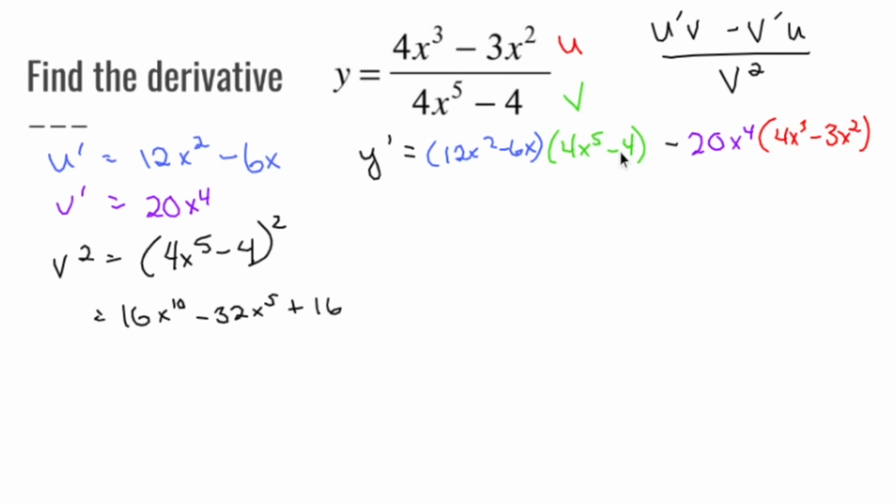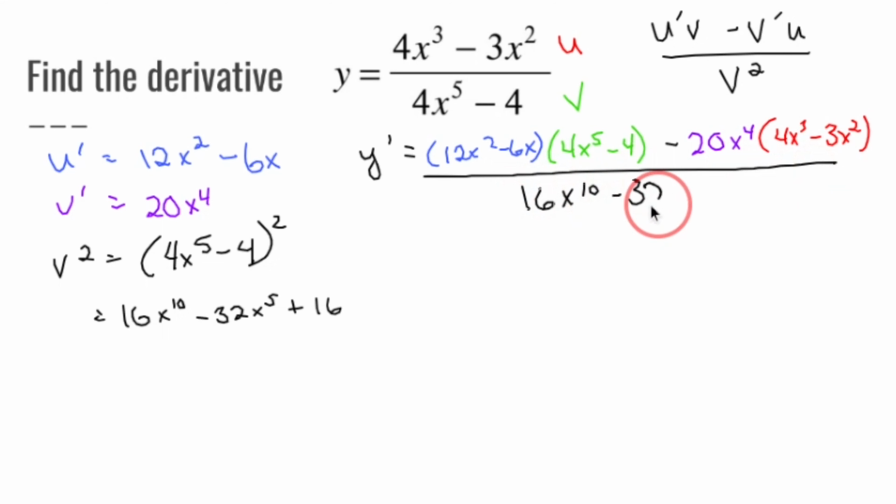It's all going to be over 16x to the 10th minus 32x to the 5th plus 16.